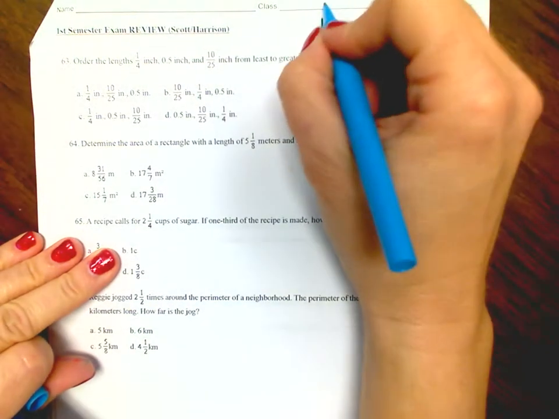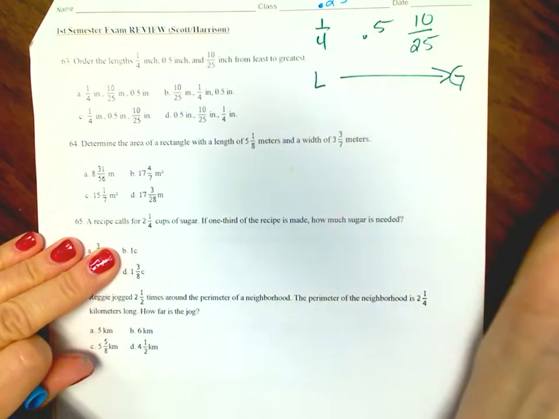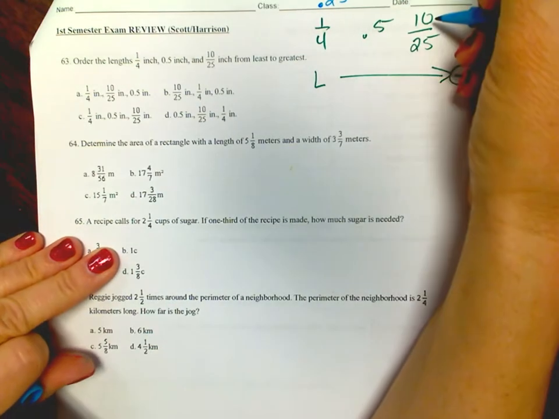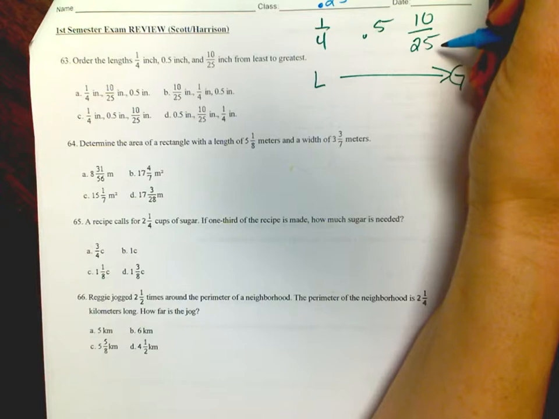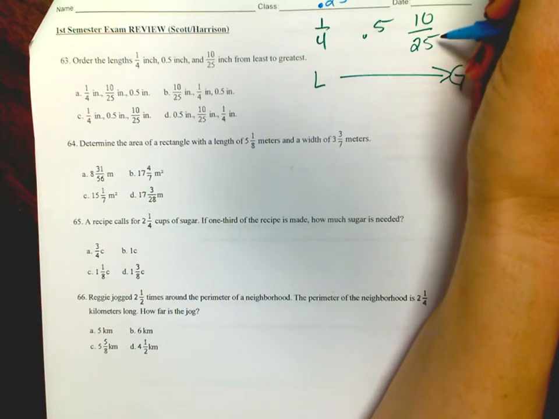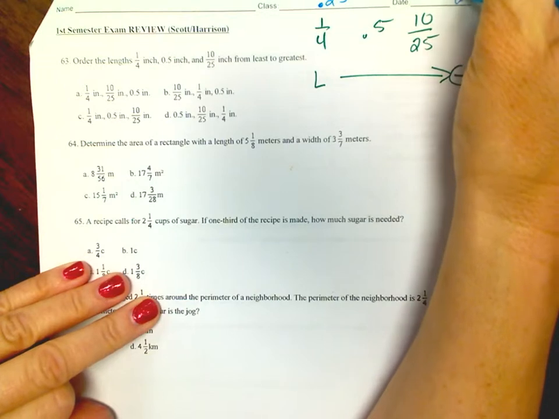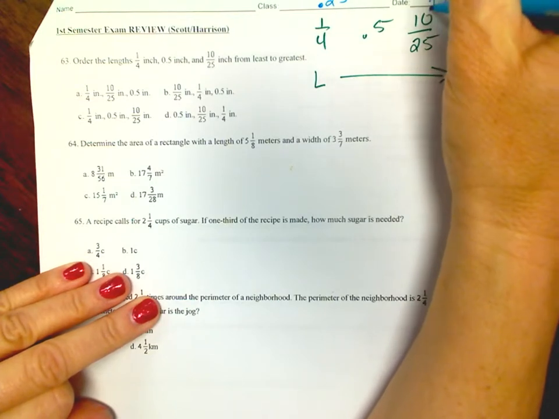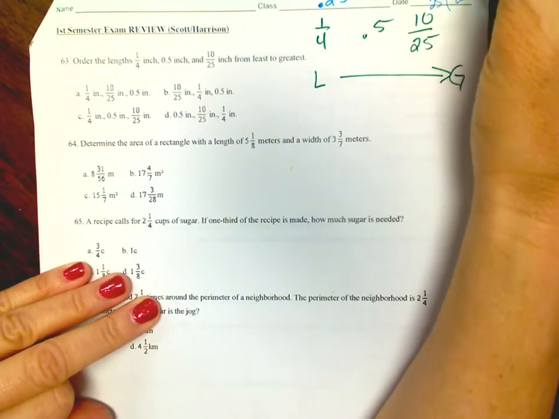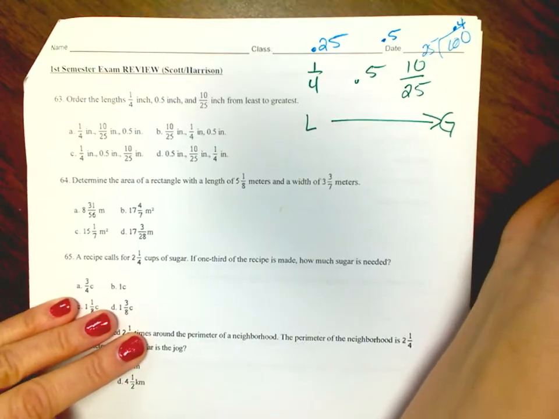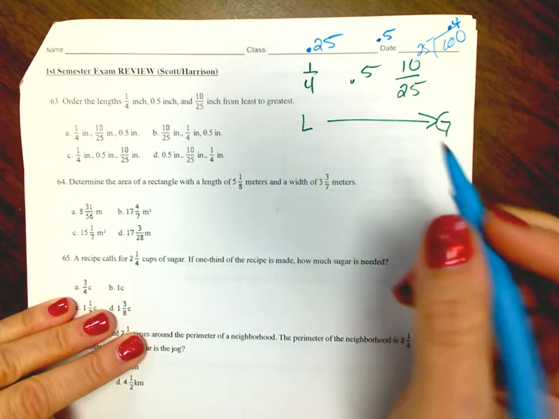A fourth of a quarter is 25 cents. Then you have your 50 cents. And what is 10 over 25? So 10 divided by 25 would be 0.4.